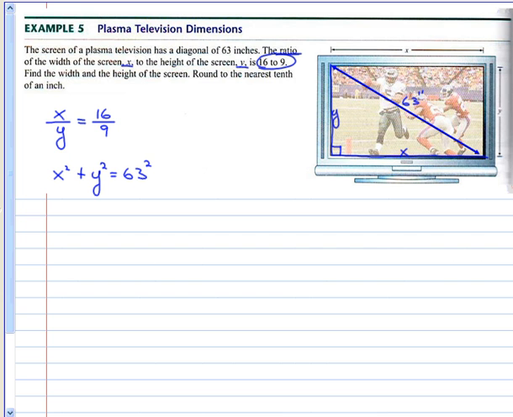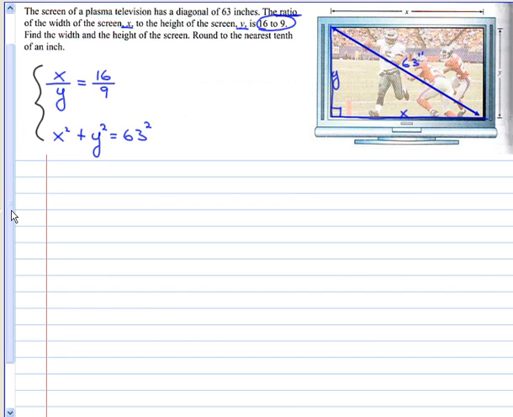Now we want to solve this. So let's take that first equation, and we are going to cross multiply. x times 9, 9x, must equal y times 16, or 16y. Then I can take this first equation that I've cross-multiplied and solve it for a variable.